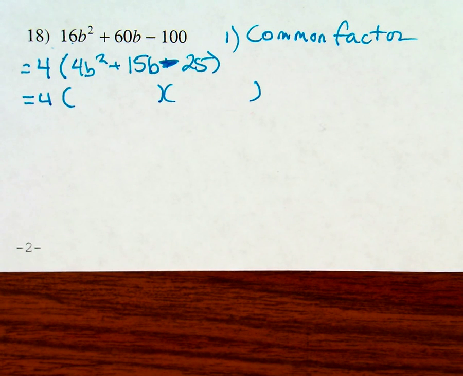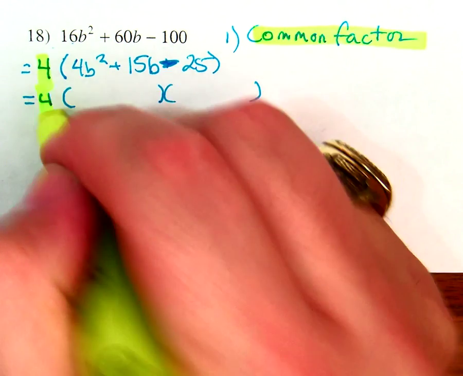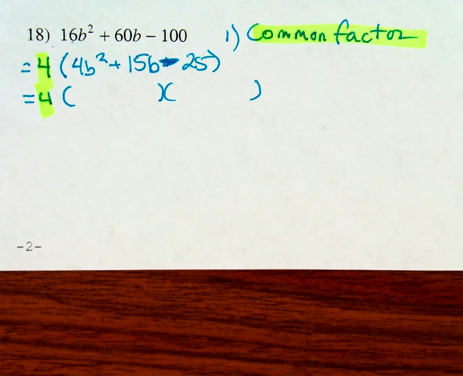Now, the reason why I want you to do this, and I'm not that type of teacher who says you have to do it my way or the highway, but this is important because when you factor out the common factor, I have seen so many people lose that 4 because you factored it out and you think since you factored it out it goes away.